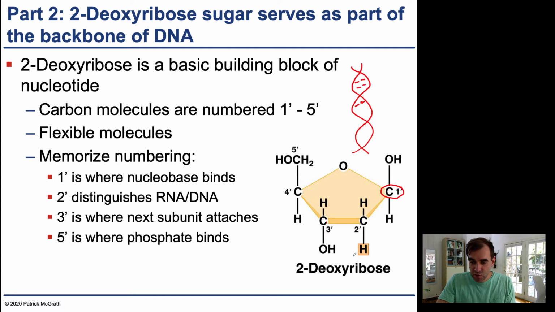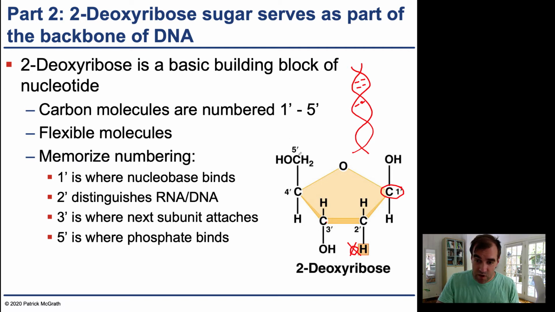The 2' is important to remember because this is what distinguishes DNA from RNA: whether this group right here is a hydrogen atom or a hydroxyl, an OH. In RNA it's OH, in DNA it's just H. And then the 3' and the 5' carbons are very important because this is where the nucleotides polymerize together. We talked about nucleotides being covalently bonded together.